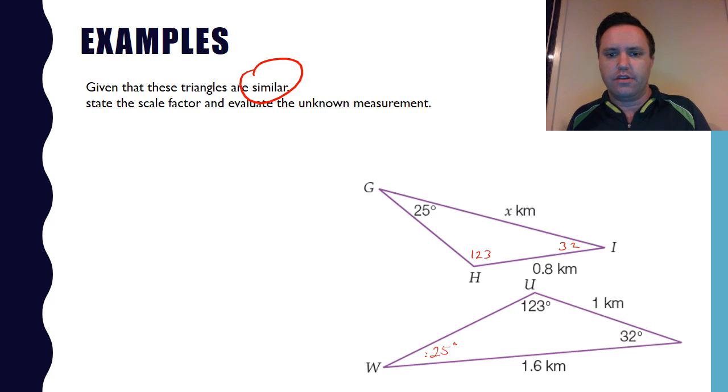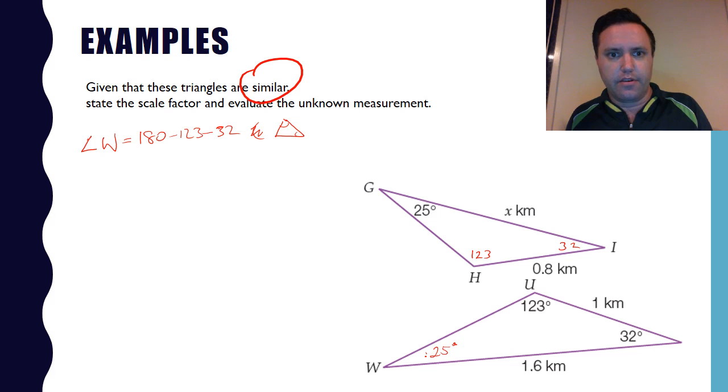When you're doing these kinds of problems, it's probably not a bad idea to match those ones up. So you probably want to say something like angle W is equal to 180 minus 123 minus 32, because of our 180 degrees in a triangle rule, which is 25 degrees. So that's just setting that up.